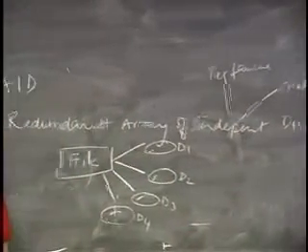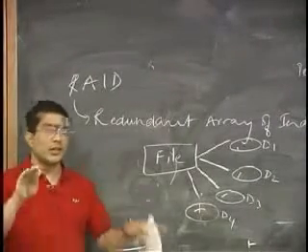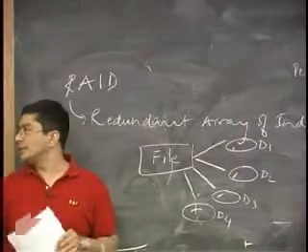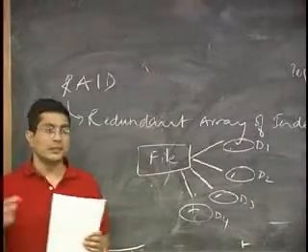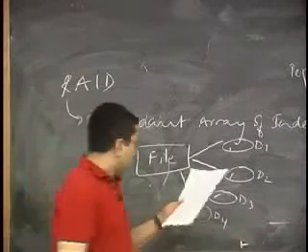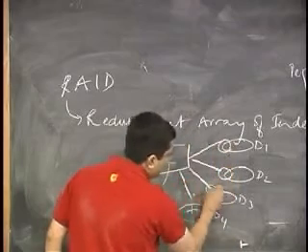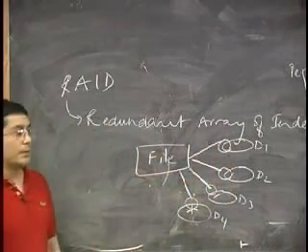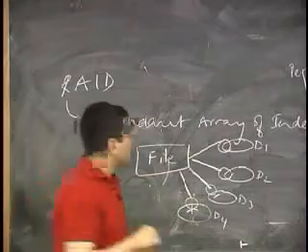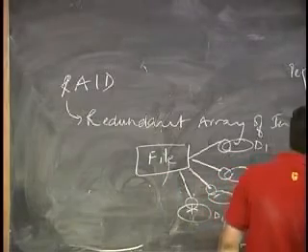There are several different RAID configurations which leverage one or the other depending on your priority. 6 or 7 are mentioned in the text, and you can look at them later. This process of breaking up the data into different chunks or parts is called data striping.